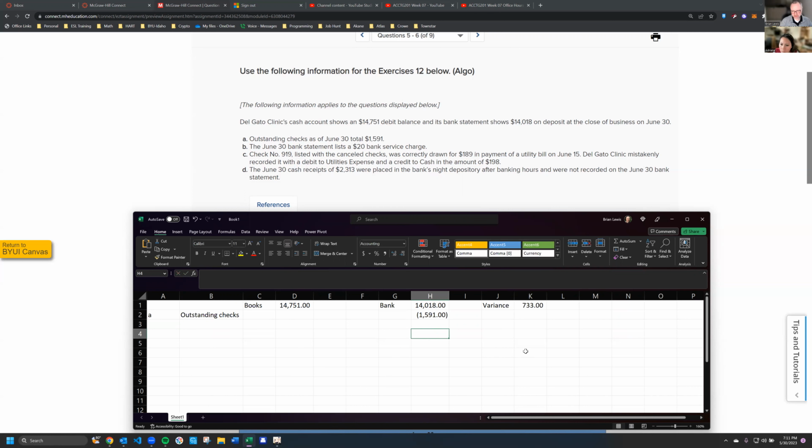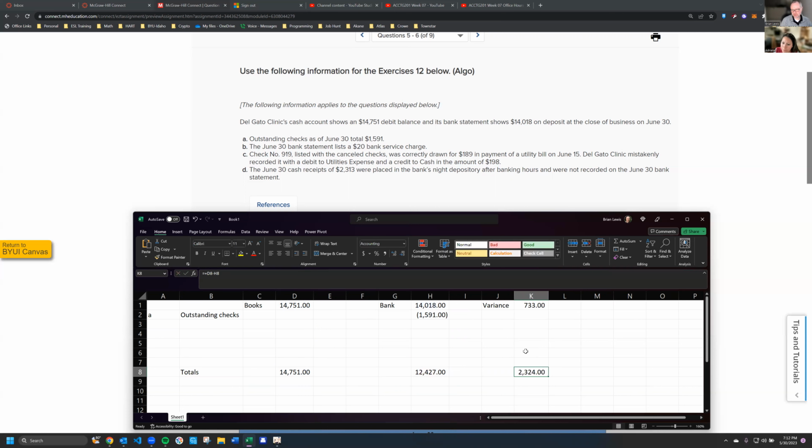Let's keep a running tally here. Totals. We'll do equals the sum of all these numbers, and equals the sum of all of these. Okay, so that's the difference now. We'll do the same thing: variance equals this minus this.